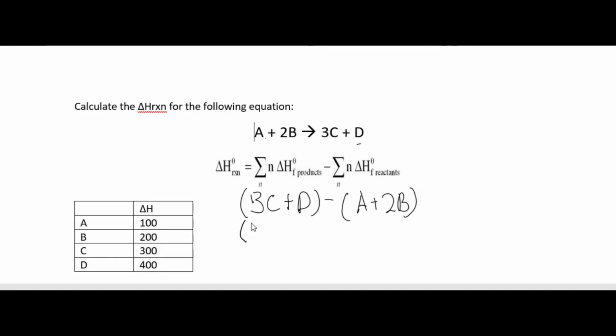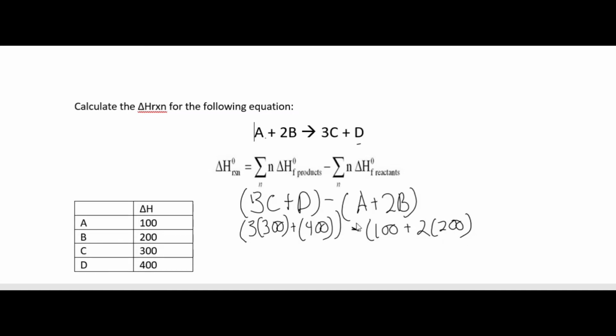So what's the value for C? 300. What's the value for D? 400. What's the value for A? 100. And what's the value for B? 200.